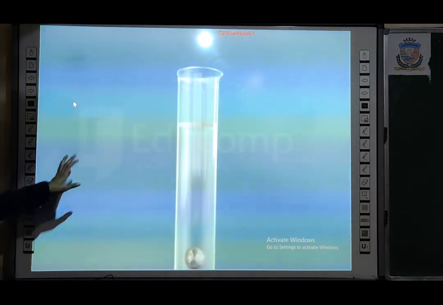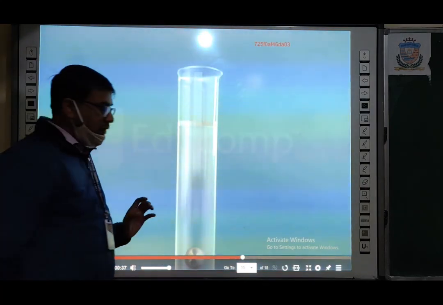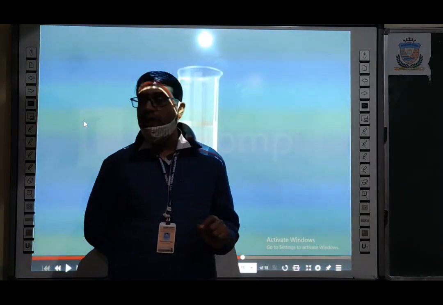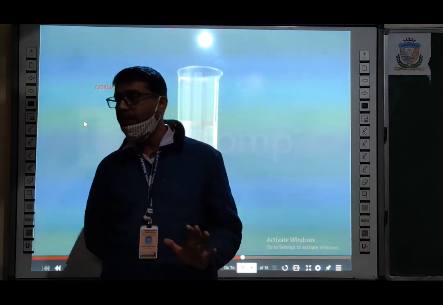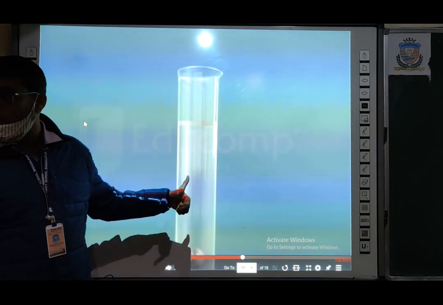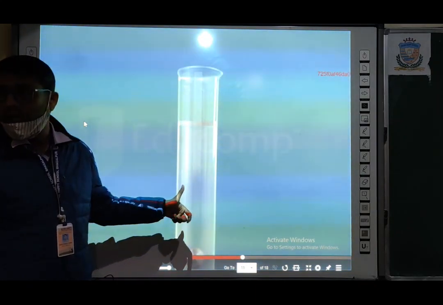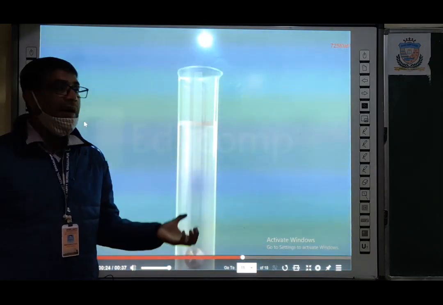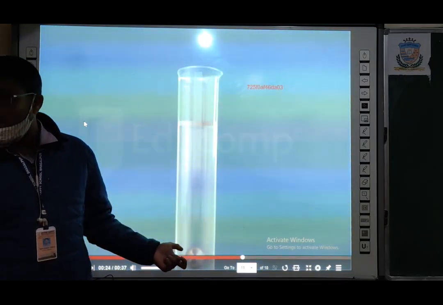What is the first law of motion? Any object wants to retain its state, either at rest or in motion, until and unless some external force is applied on it. Here you can see the downward force is equal to the upward force, or you can say weight is equal to the viscous drag and buoyant force. So in that case the acceleration is equal to 0. So the ball will move with a constant velocity. Clear?